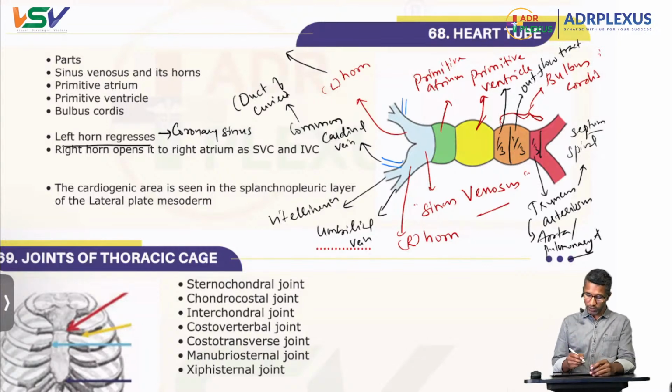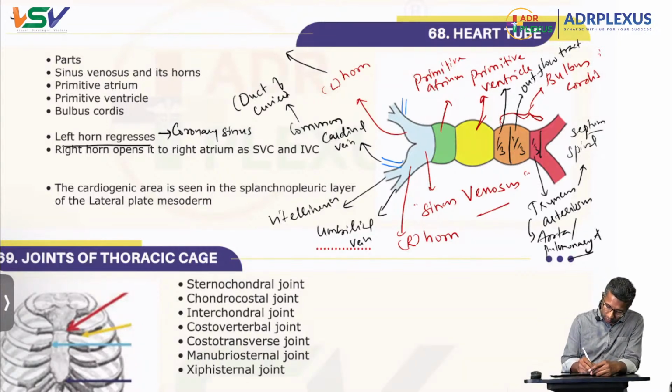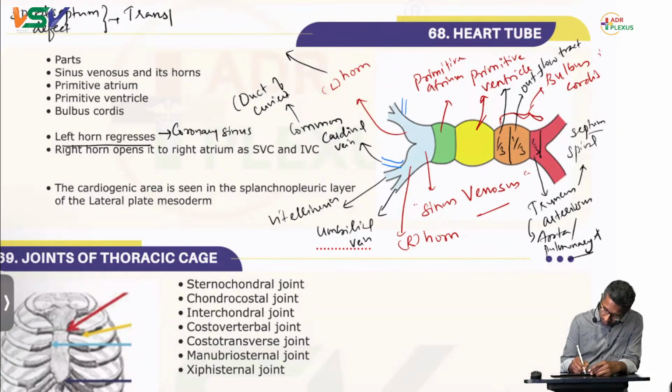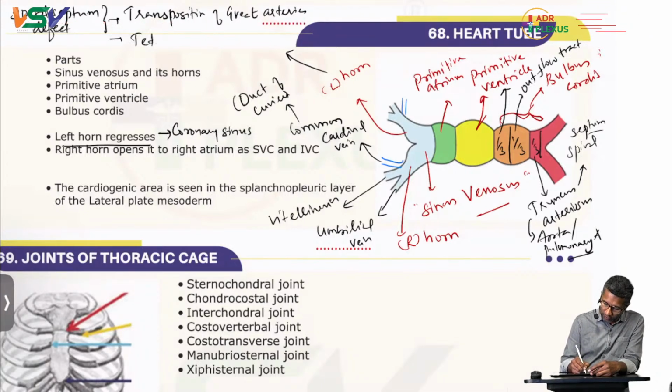If you remember, guys, if the spiral septum is not formed properly, spiral septum defects can lead to conditions like transposition of great arteries. It can also lead to conditions like tetralogy of Fallot.